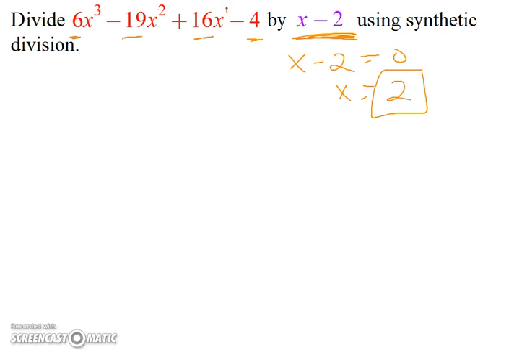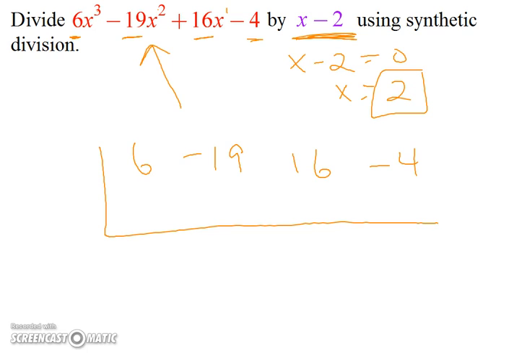If I don't have them all, I need to put a placeholder 0 in there. I'm going to write all those coefficients as 6, negative 19, positive 16, and negative 4. Those are my coefficients from here. Put this little box. And then I'm going to divide it by that 2 that I found there.